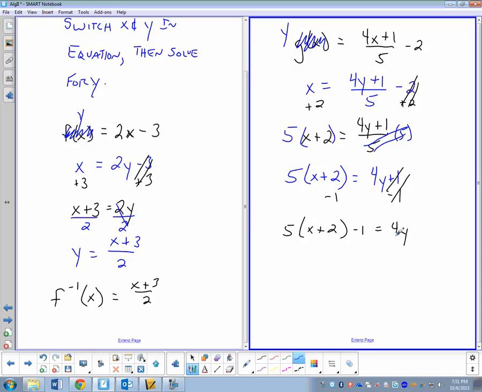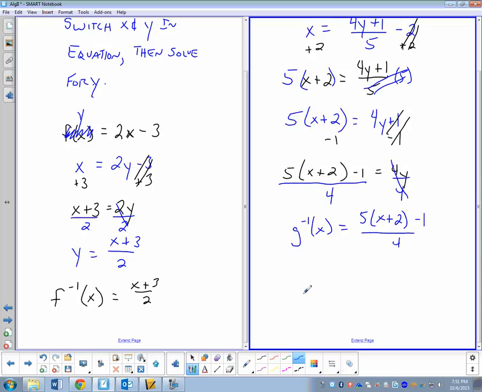And then last, I divide by 4. And that means over here, I divide the whole thing by 4. These cancel out, so I get y by itself. In this problem, because I called my function g, I would write the inverse like this. g inverse of x equals 5 times the quantity x plus 2 minus 1 over 4.